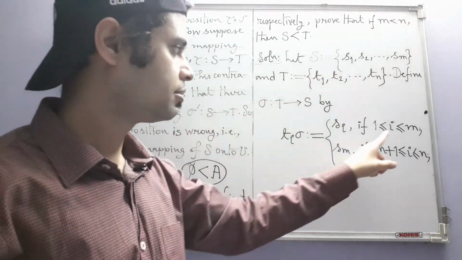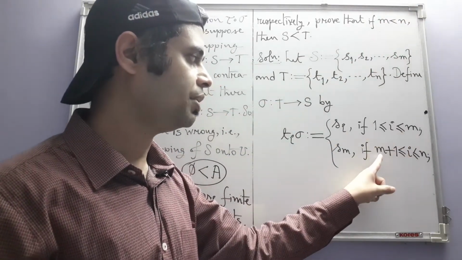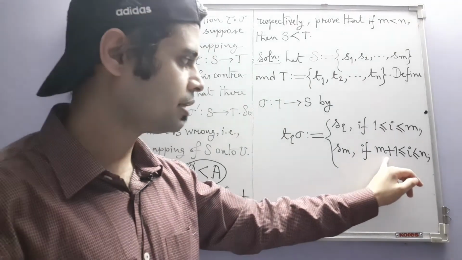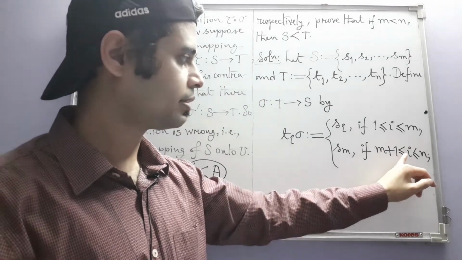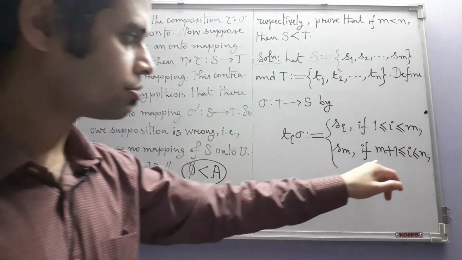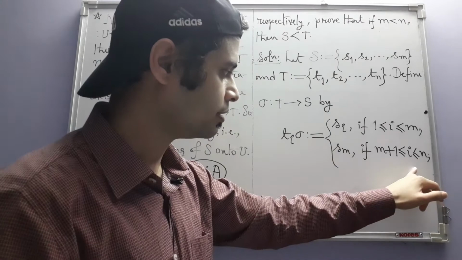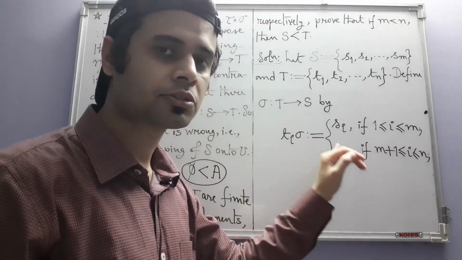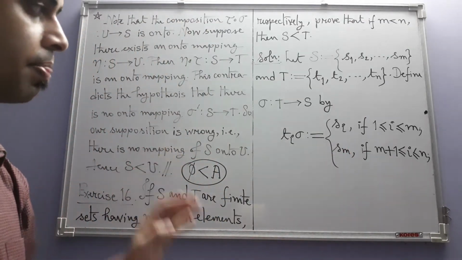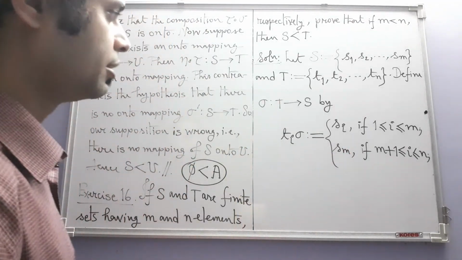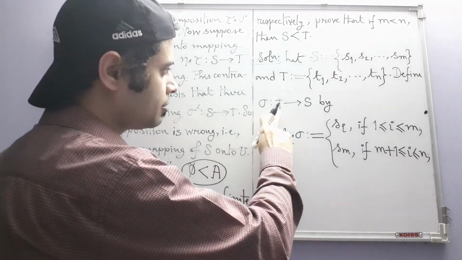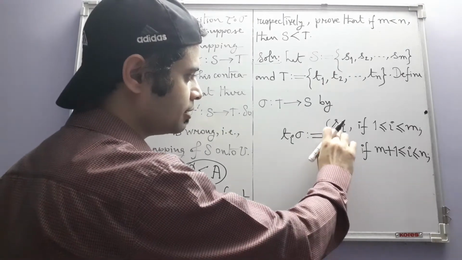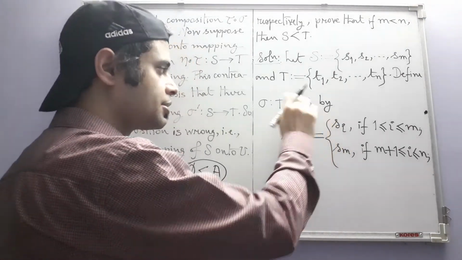So that means after having m, we will have some integers till we get to n. So that will start from m plus 1 and then we will have n ultimately. So if i lies in that range, then my image of Ti under sigma is constantly Sm. Okay, so that you can see that we are not going outside of S. Whatever we are defining we are ultimately inside S itself.